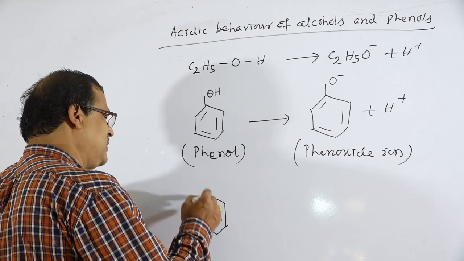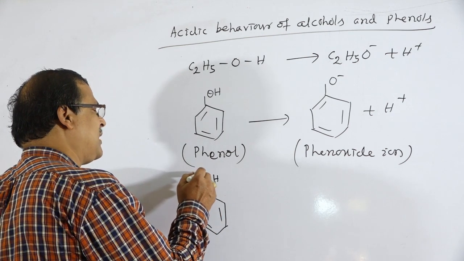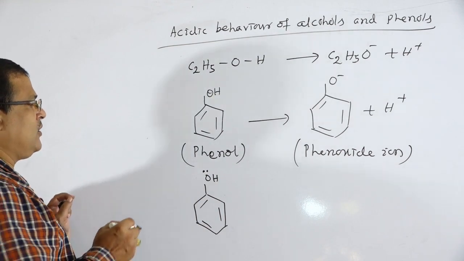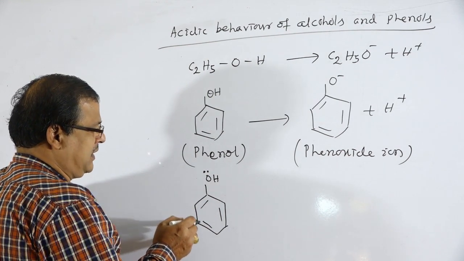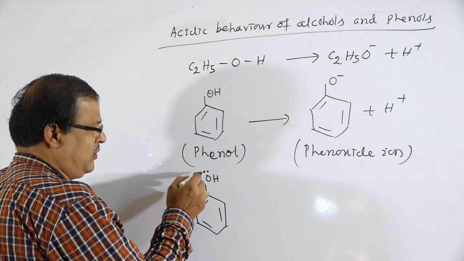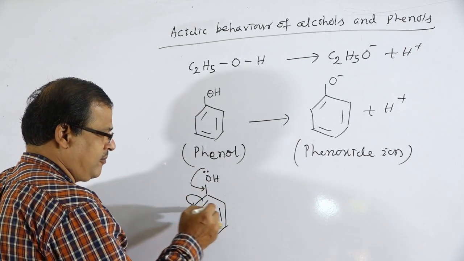I am writing the resonating structures of phenol. The oxygen atom contains a lone pair of electrons, and that lone pair is in conjugation with the ring: single, double, single, double, single, double. So there is conjugation. The lone pair will come to form a bond, and the bond will be shifted to the next atom.